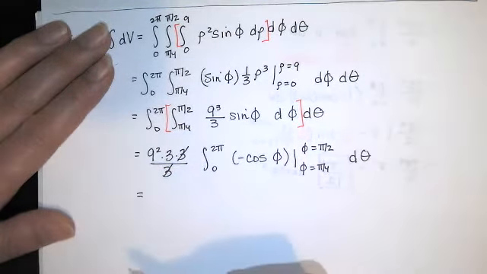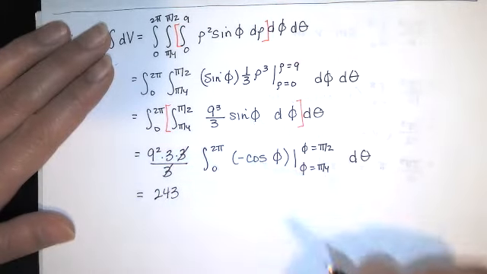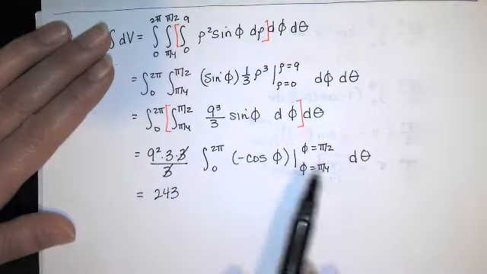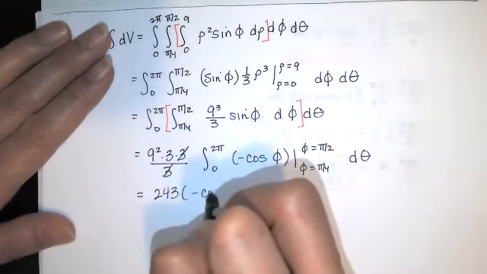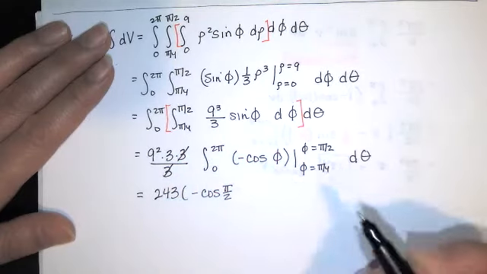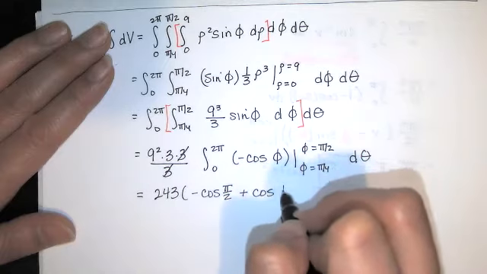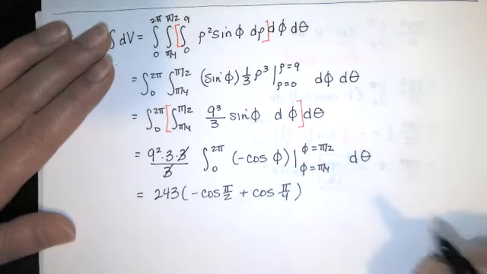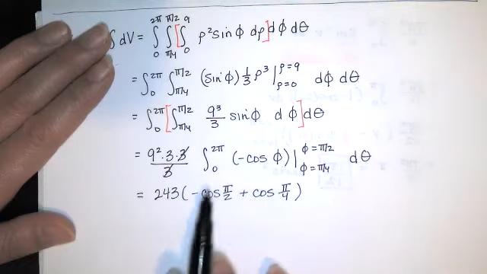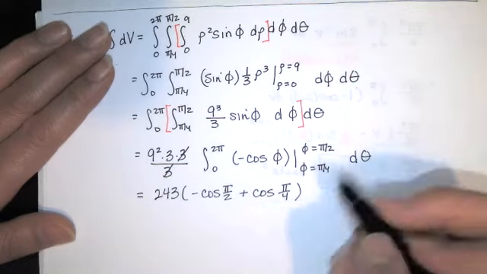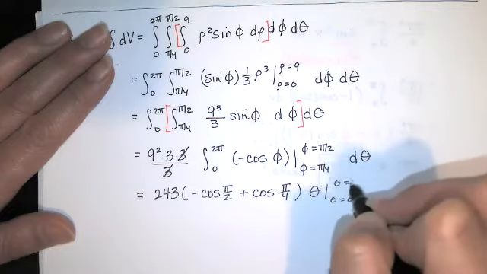And that is 81 times 3, so 243. If we evaluate this at pi over 2, we get negative cosine of pi over 2, and then we're subtracting a negative, so that's adding cosine of pi over 4. That's just a number. The antiderivative of that number with respect to theta is that number times theta, evaluated from theta equals 0 to theta equals 2 pi.